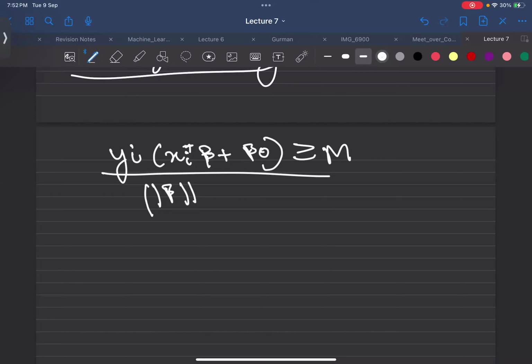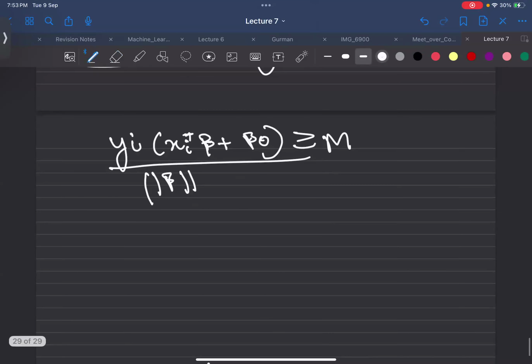It shouldn't go as large as possible, so there should be some bound here. I should have this normalization factor, a specific kind of scaling so that it isn't scaled as much as possible. That's why I'm dividing here by the norm of beta, so that it shouldn't go as large as it wants.